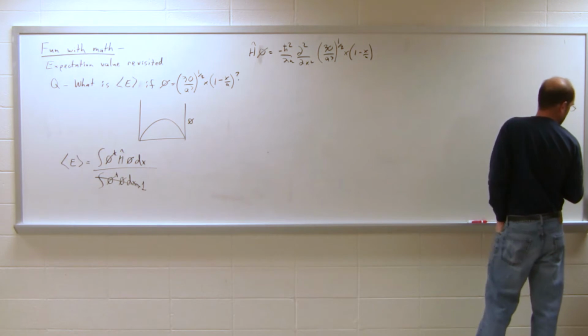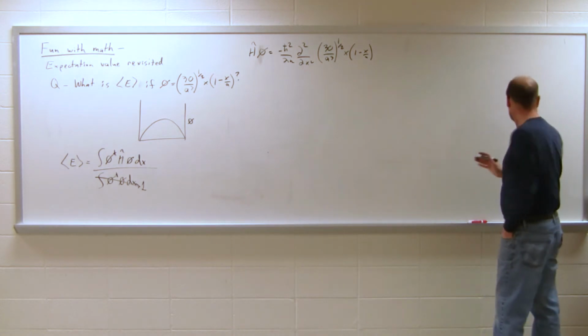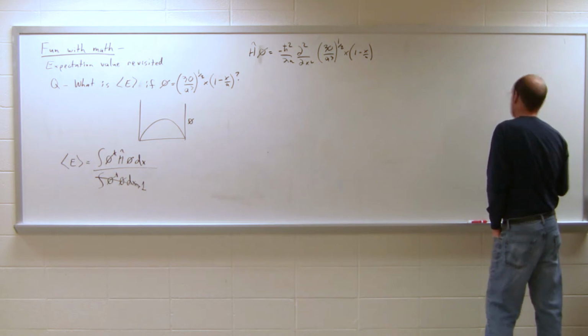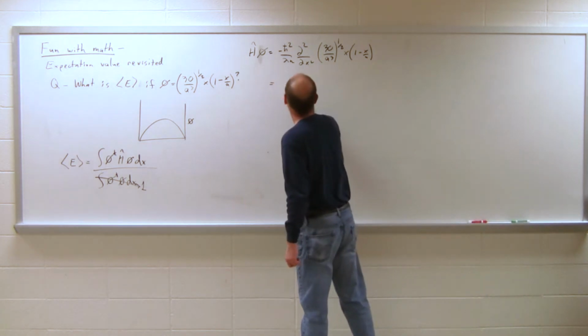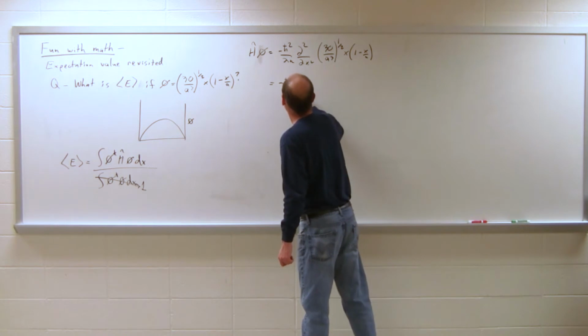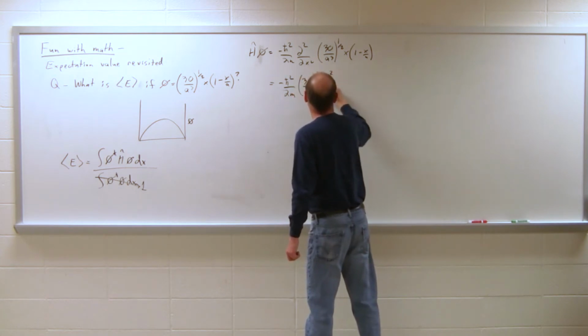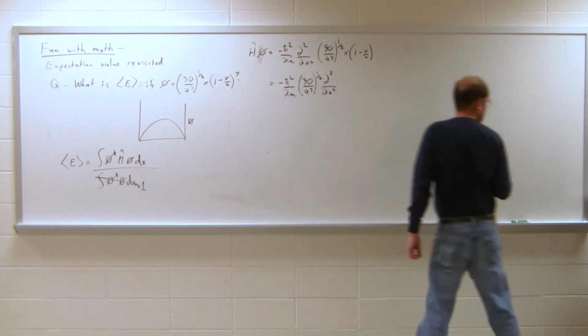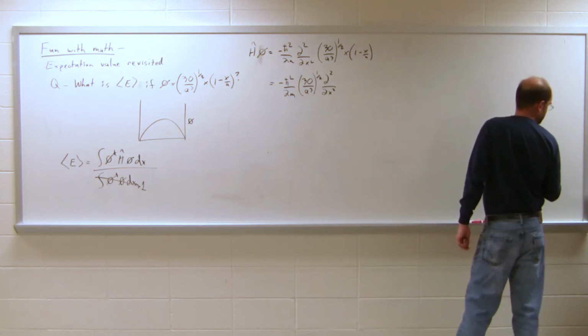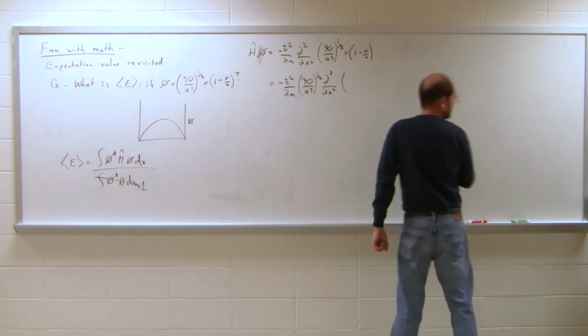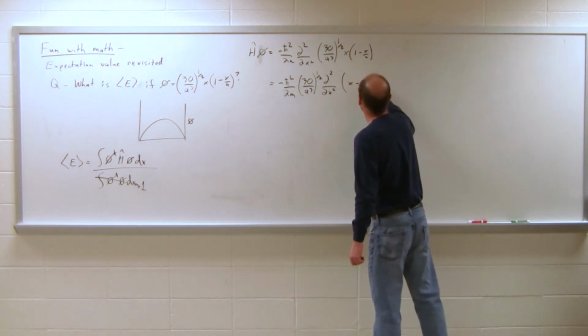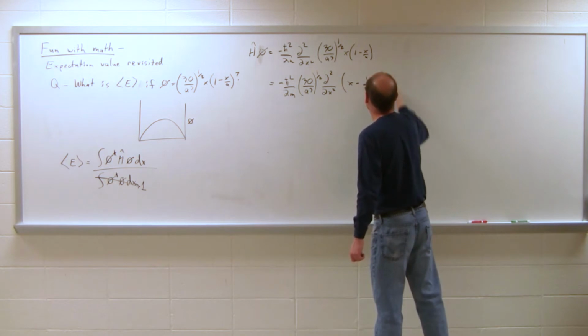Okay, so I'm going to do a little bit of reorganizing here. I'm going to pull the constants out. So this is equal to minus h bar squared over 2m, (30 over a to the third) to the 1/2, second derivative, and now piecing things together, I'm going to write this as x minus 1 over a x squared.